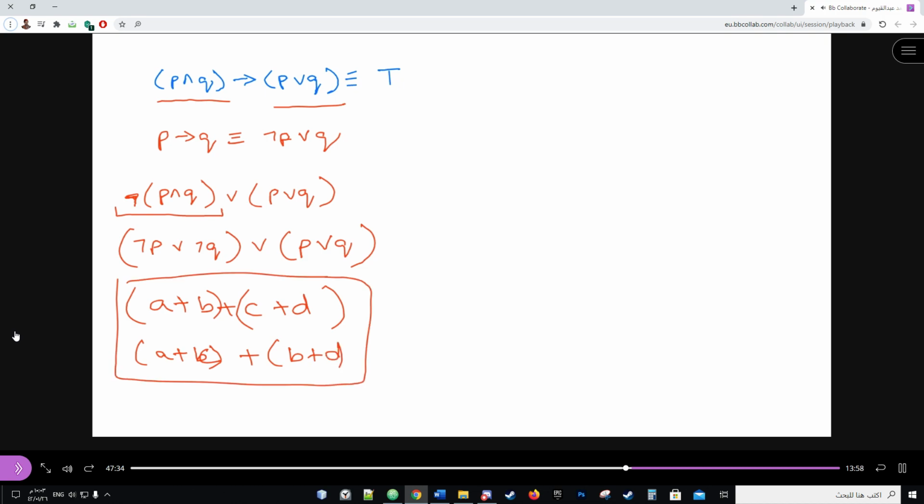Move things around because all the signs are the same. So here I change the order. I move not P and P together, and I put the Q's together. I can remove the brackets and move the P's together and the Q's together.